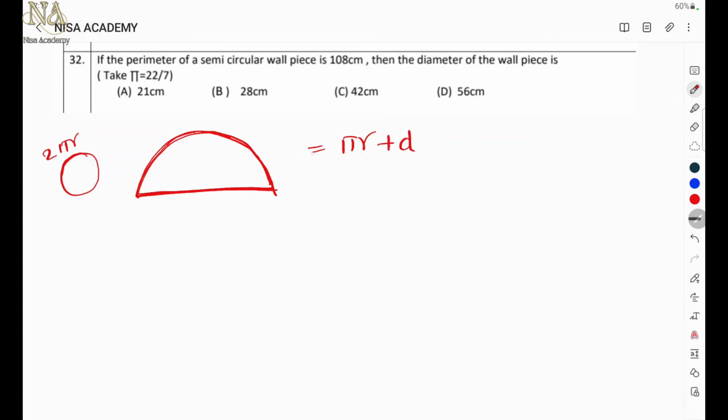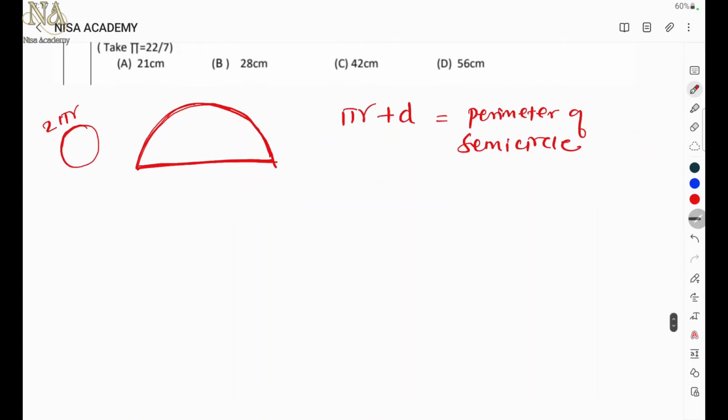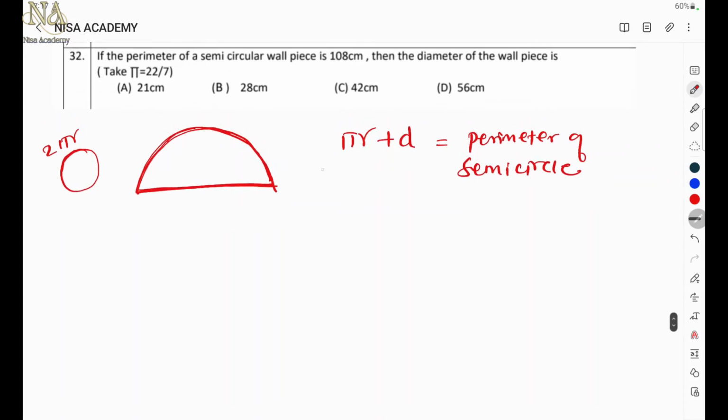So that is the perimeter of the semicircle: pi r, this half, plus this diameter. Now d is 2r, twice the radius, right?